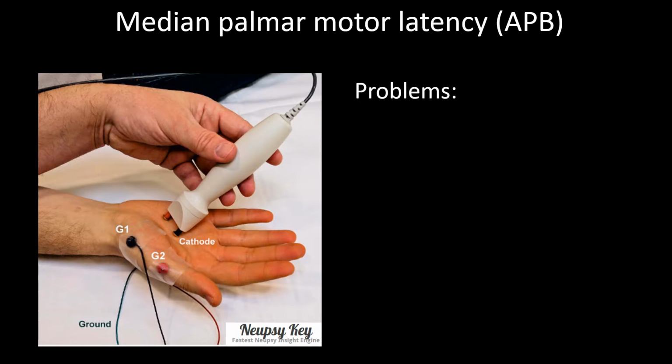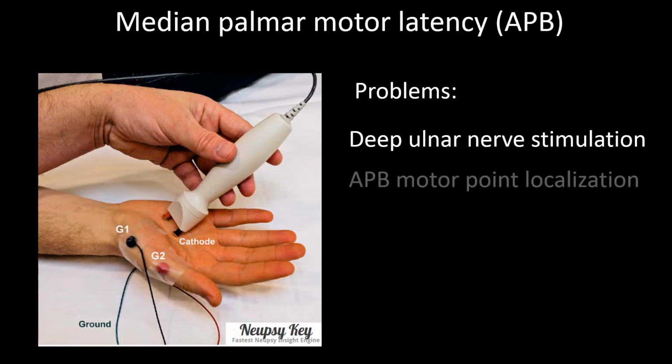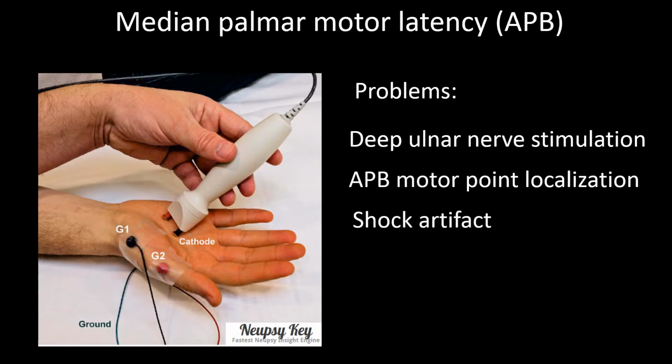The reasons for technical errors found with palm stimulation usually are undesirable stimulation of the ulnar nerve, abnormal E1 location away from the motor point of the abductor pollicis brevis, and shock artifact contaminating the compound muscle action potential.